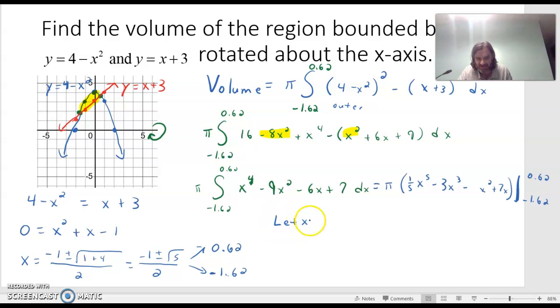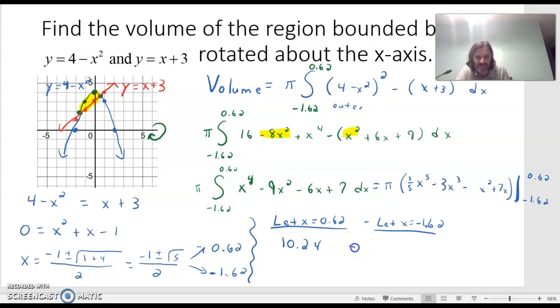When I let x equal 0.62, I'll get a number, and then I'm going to subtract off letting x equal negative 1.62, but in the interest of time and space, I'm just going to put those numbers on the calculator. Okay, playing with the calculator, pi times plugging in 0.62, I got approximately 10.24, and then minus, plugging in the negative 1.62, I got negative 10.81.